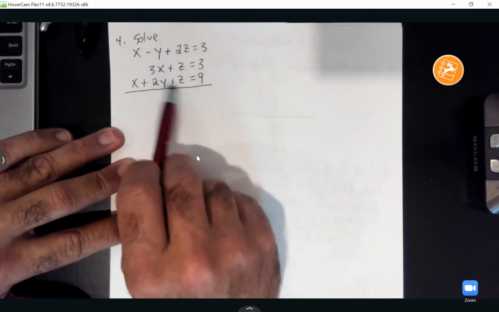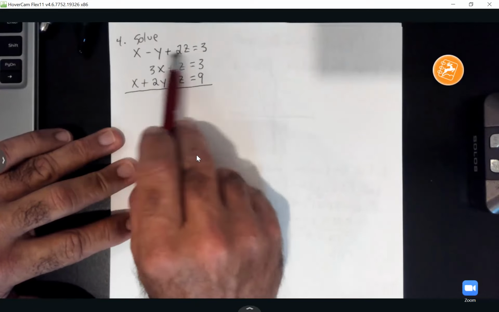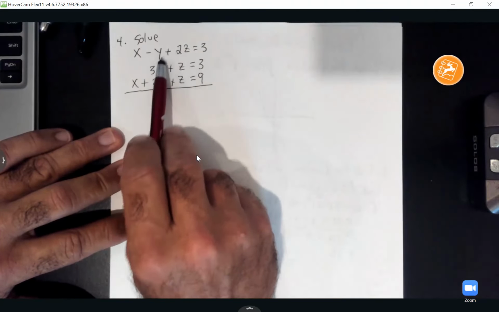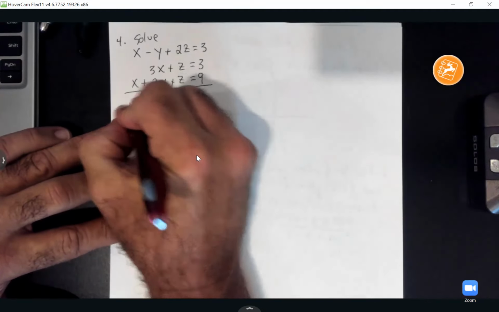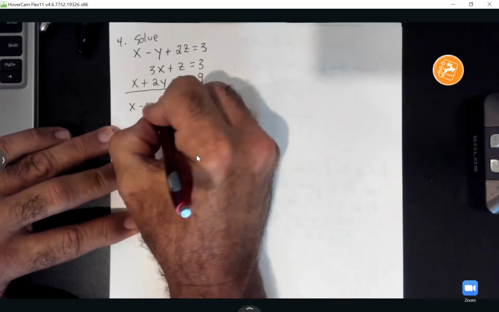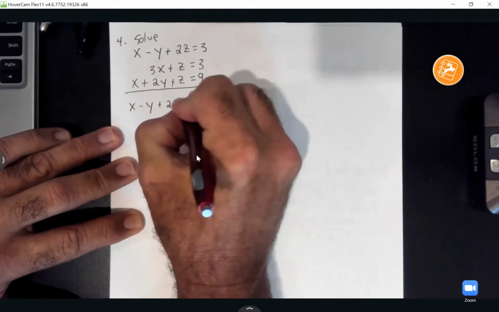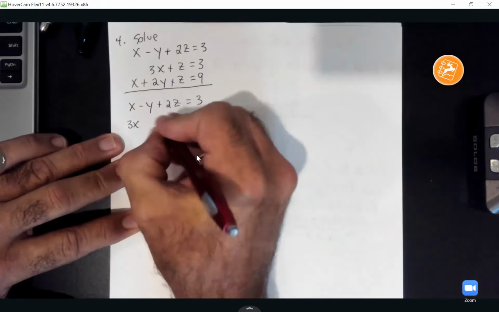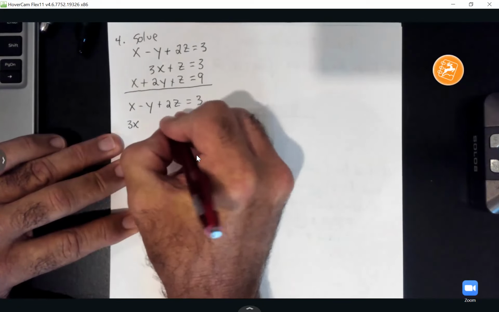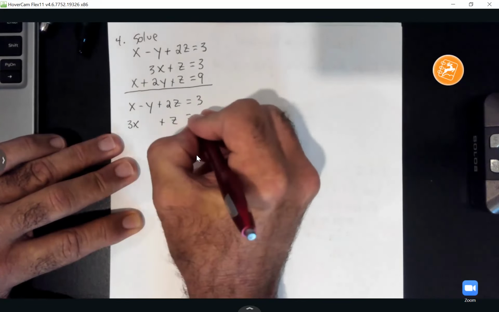So y'all, the first thing I'm going to do, let me put these in order because the x's are out of order. I want them all in one column. So I'm just going to rewrite this to get all my variables lined up in a column. So the 3x should go here, plus the z here, equal to 3.